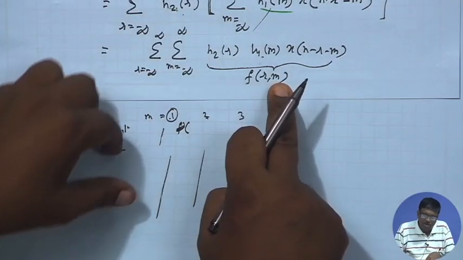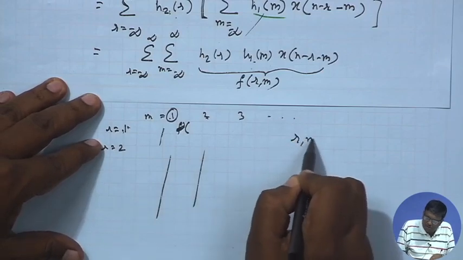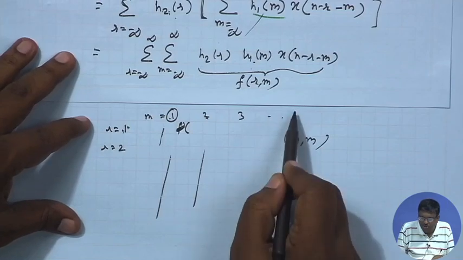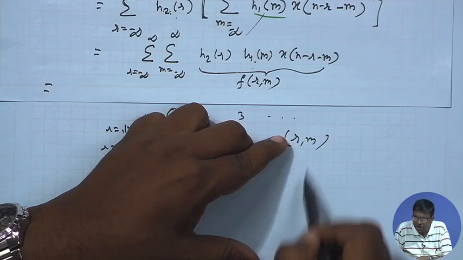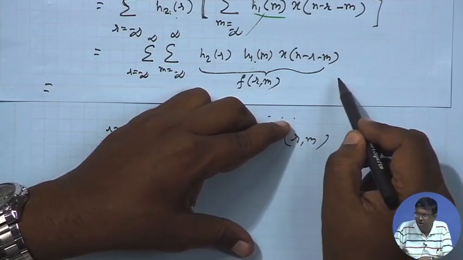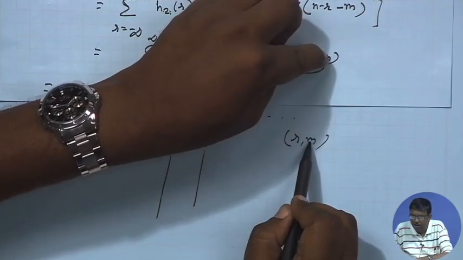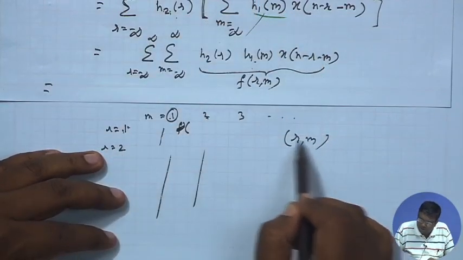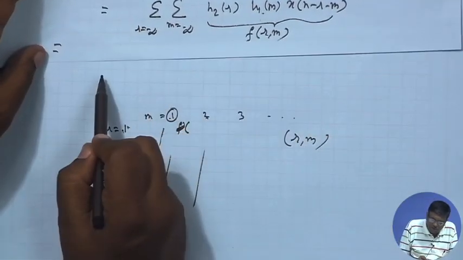You will cover all the points, all (r, m) pairs. r will be from minus infinity to infinity, m from minus infinity to infinity. Either way you cover all possible pairs of r, m, which means I can interchange the two summations now.